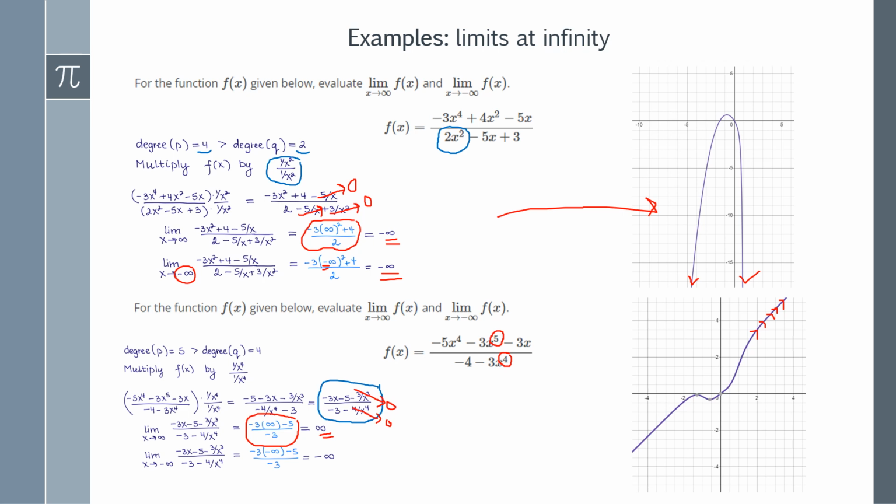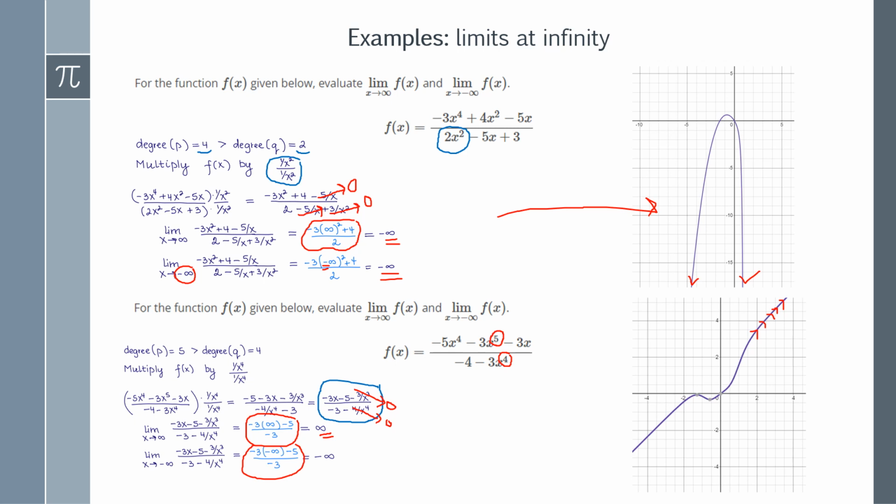Okay, now what happens as x goes to negative infinity? So that would be represented over here. Negative 3 times a really large negative number. That's going to be a really large positive number. Okay, now negative 5 doesn't really do much to it. It's negligible.